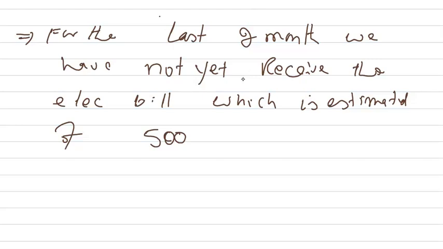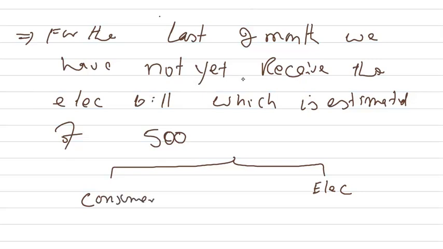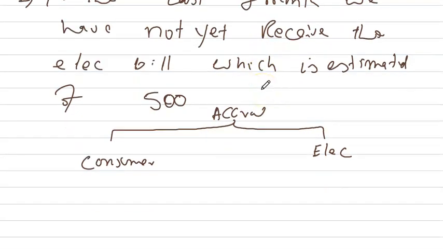So I will write down the double entry according to the electricity company and according to the consumer's point of view. For one it will be expense, for the other it will be income. Being a consumer, I will record debit as my electricity expense with 500.